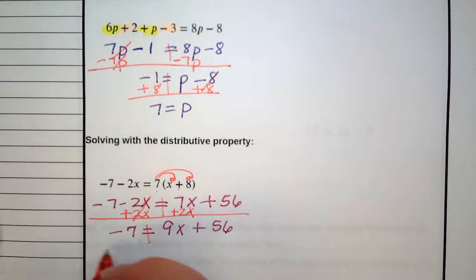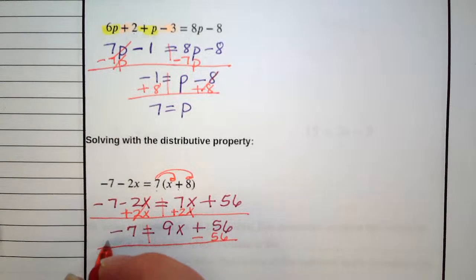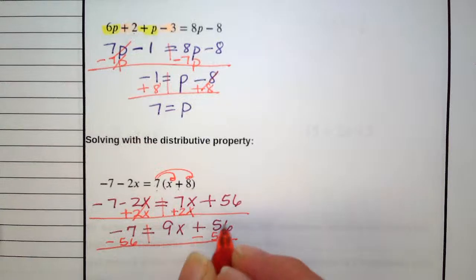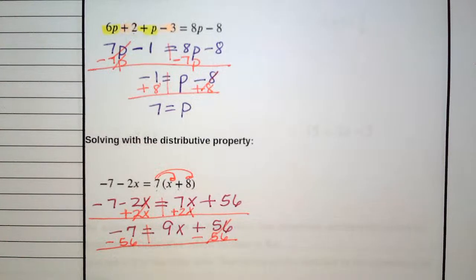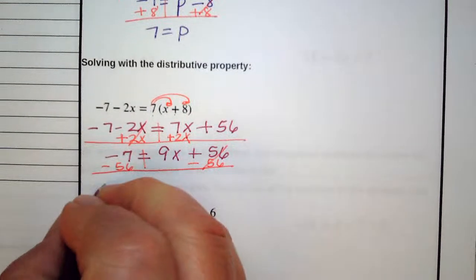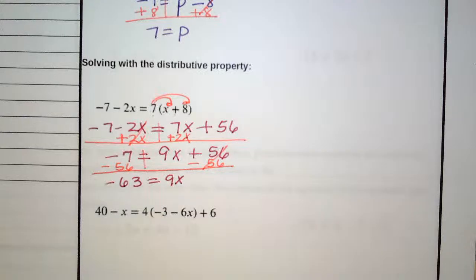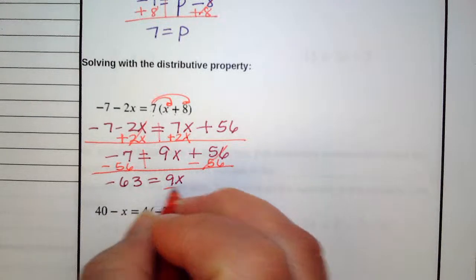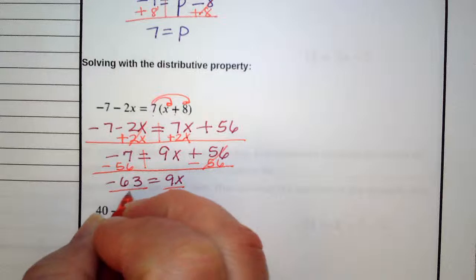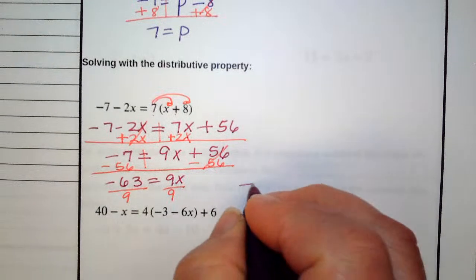I've got to get my numbers to the same side, so I will subtract 56 from both sides. Negative 7 minus 56 more. Negative 63 is equal to 9x. Divide by 9. Okay, and negative 7 is equal to x.